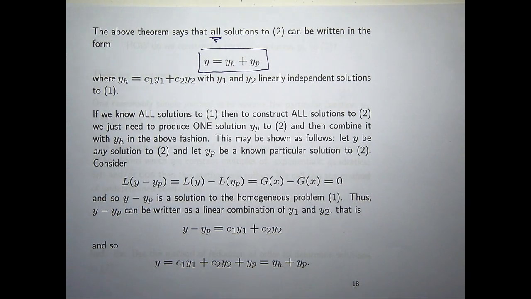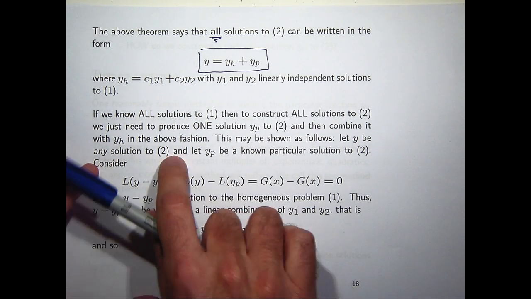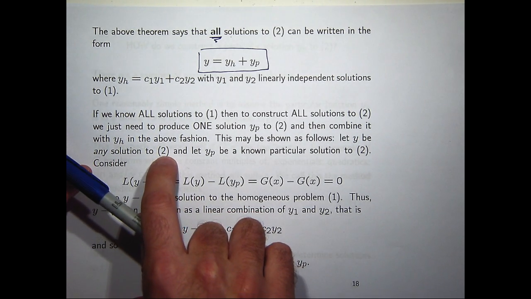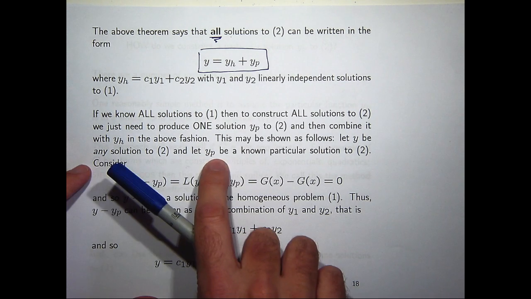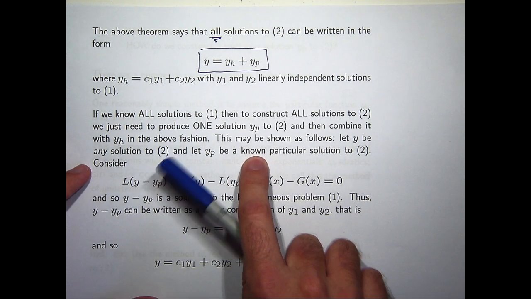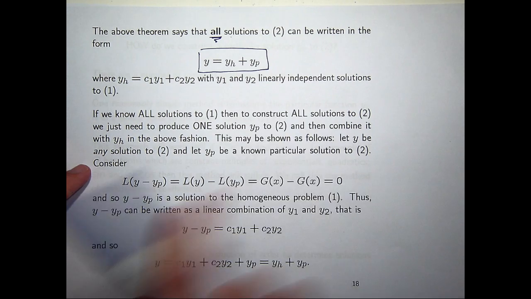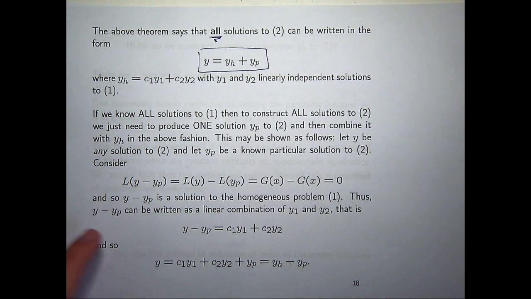Okay, well, why is that true? Some of you may know that that's true and be saying, well, hang on, I know that. That's good. But why is it true? Well, suppose y is any solution to the non-homogeneous problem 2, and let y sub p be a known, constructed particular solution to the inhomogeneous problem.